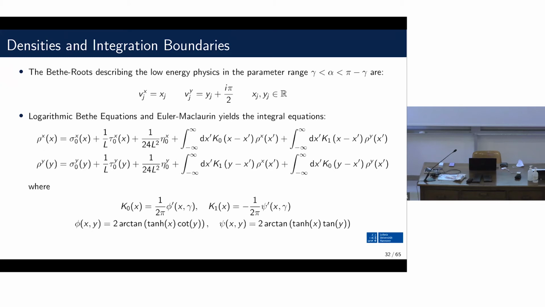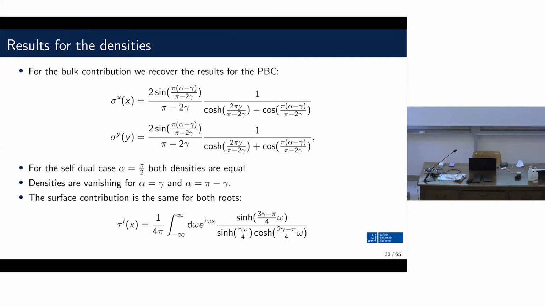I haven't given the driving terms here, I'm just stating the results, the solutions. These are given right here. This is the same as one expects for the periodic model. However, we get something different, which is non-present in the periodic case: the surface contribution.